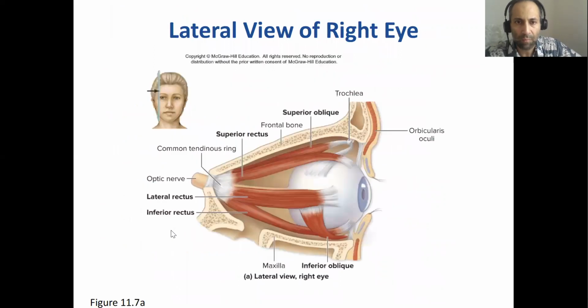Okay, so next up, we are looking at the eye muscles. Look at the eye here in a lateral view, as you can see. Again, the names pretty much go with the location. What do we have here? Lateral rectus on the side of the eyeball, laterally. Inferior rectus, inferior, down.